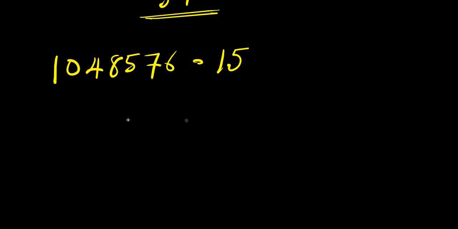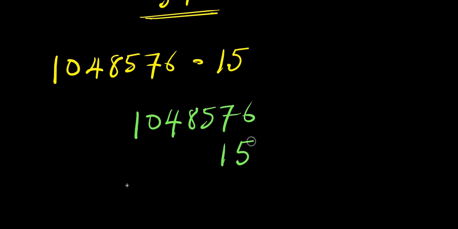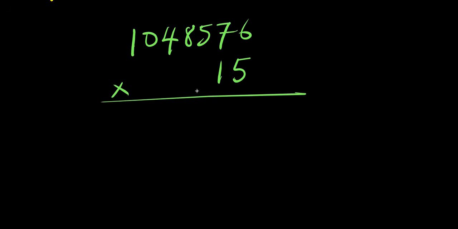So let's carry out the multiplication. 1,048,576 times 15. Now, what we are going to do is we start using 5. So 5 times 6 is 30.